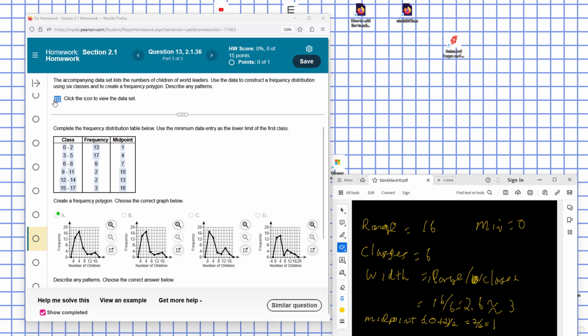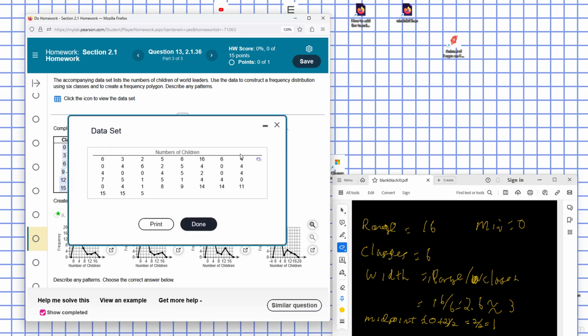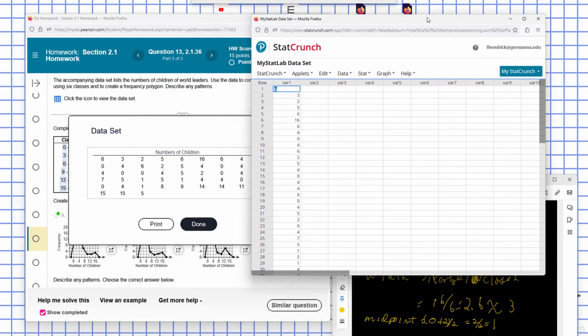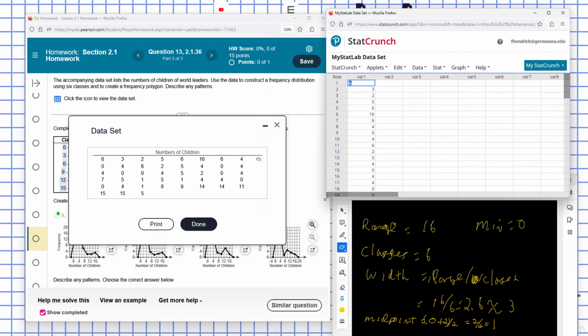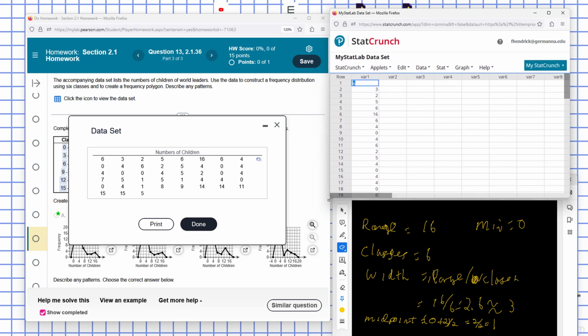So we have here, click on this data set. You see numbers of children. I don't have a pencil with me, so I'll use StatCrunch. Before I get started, I need to get some preliminary, beginning information.